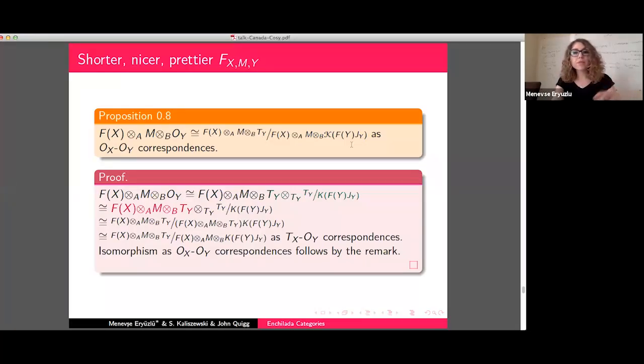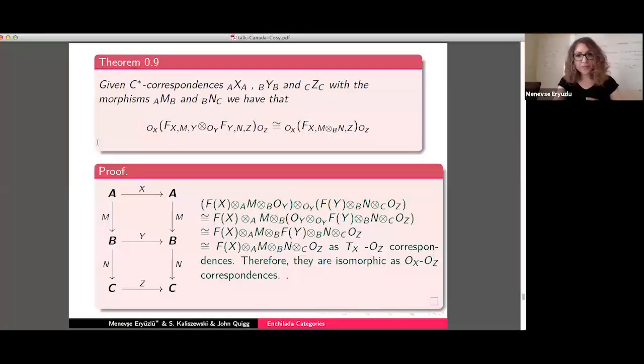We need to break it into cases and prove it that way. But regardless, in all cases, we prove that this is an OX-OY correspondence, and that will be our functor.